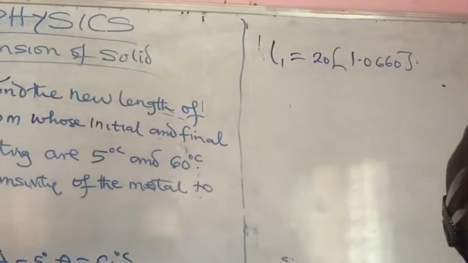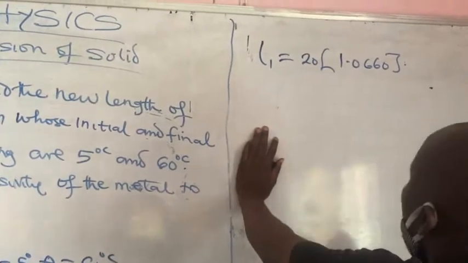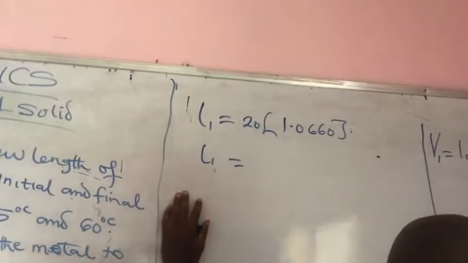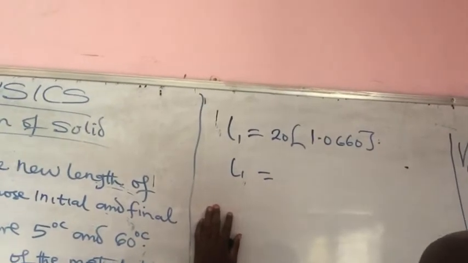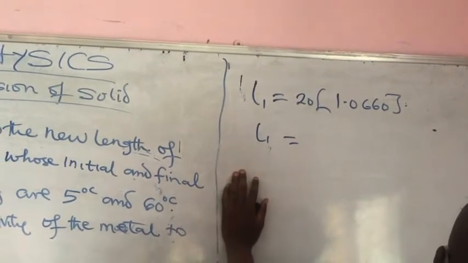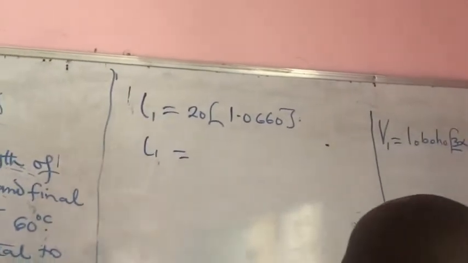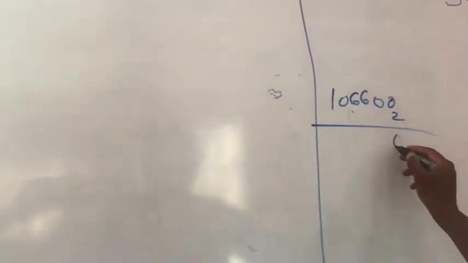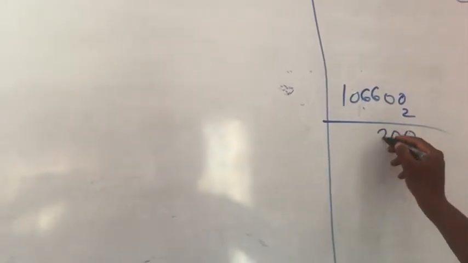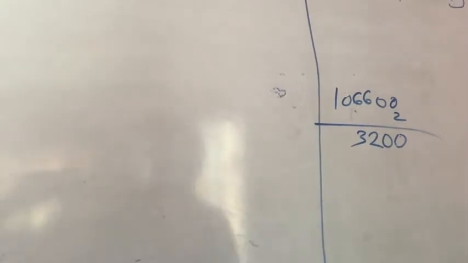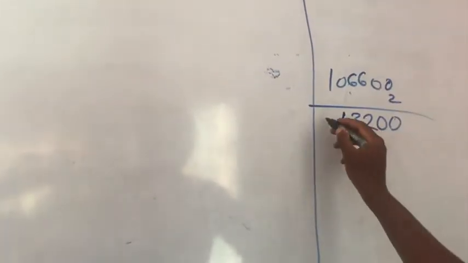So by the time we multiply 20 by what we have here, we're going to have 1.0660 times 20. 0 times 2 is 0, 0, 2 times 6 is 12, carry 1, 2 times 6 is 12 plus 1, 13, carry 1, 2 times 0 is 0, put the 1 down, 1 times 2 is 2.